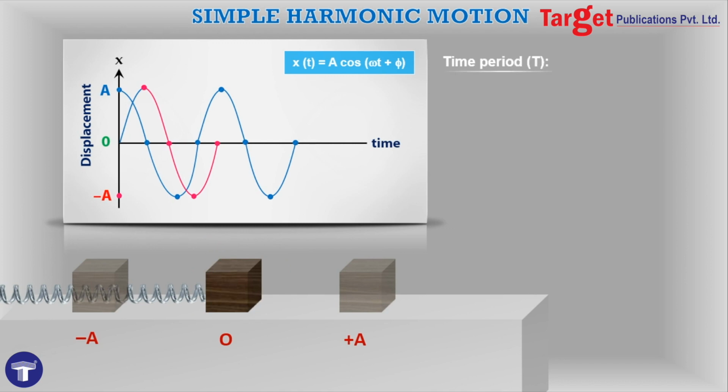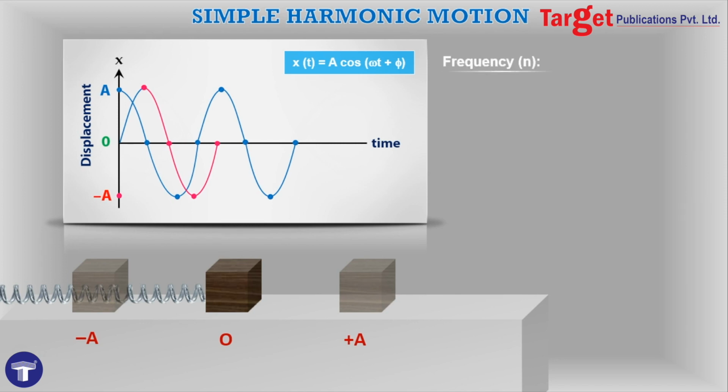Finally, we can also write down the time period of the simple harmonic motion. The formula for T is 2π/ω, which is nothing but 2π/√(k/m), which is 2π√(m/k), which is also written as 2π√(x/a), where a is the acceleration and x is the displacement at any given instant of time.